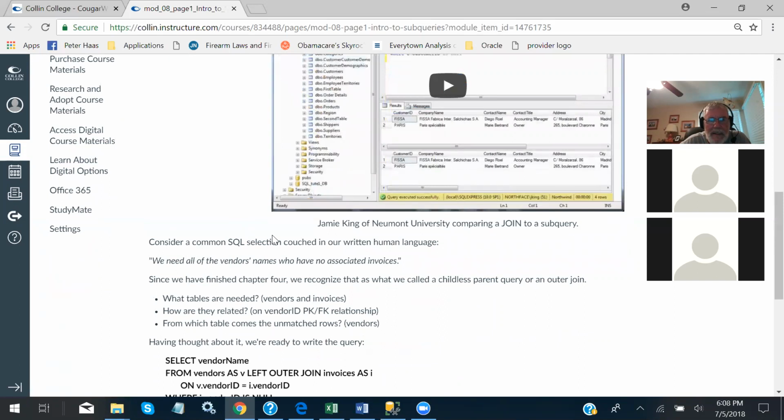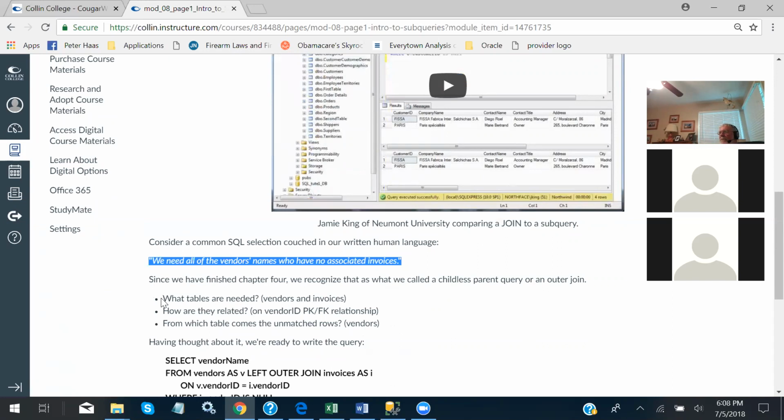Okay. Consider an SQL selection: all of the vendors' names who have no associated invoices. And say, okay, what do I need in this table?